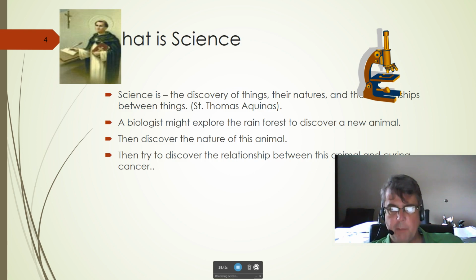So Thomas's parents decided that he was going to become a priest. Not just any priest. They had a specific plan for him. Nearby was the Abbey of Monte Cassino, which was a monastery. This was a very famous monastery.